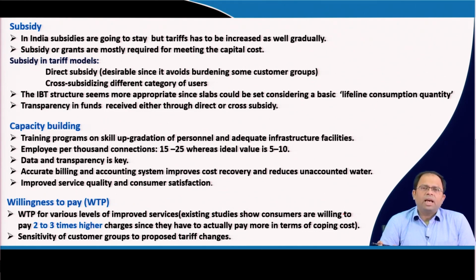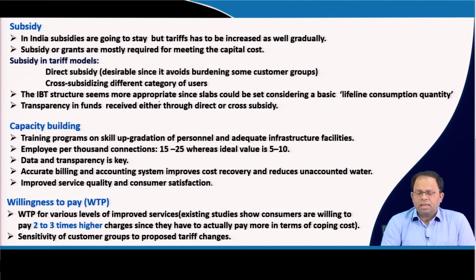If you take money from the higher income groups, even though they are consuming less water, and give it to another person who is consuming more water but is from a lower income group, obviously there will be discontent, right? So that's why, out of cross subsidy and direct subsidy, it's better to go for direct subsidy models in case of water supply.